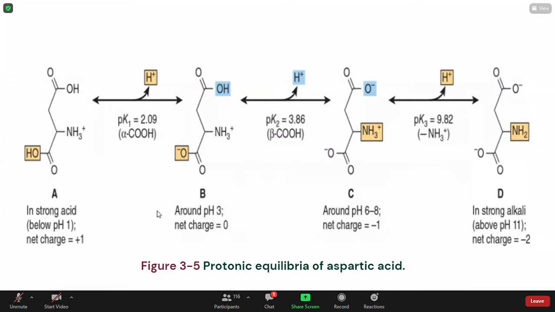So at different pHs, A, B, C, D: pH 1, pH 3, pH 6.8 (6 to 8), and pH 11, you will have different species of your aspartic acid.